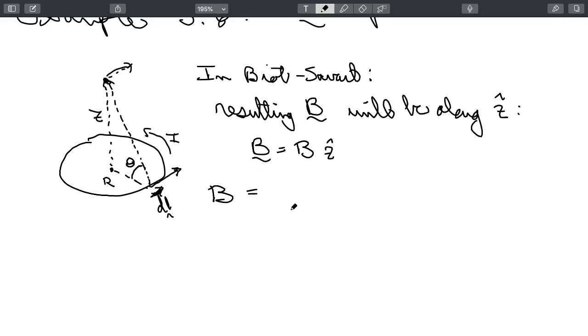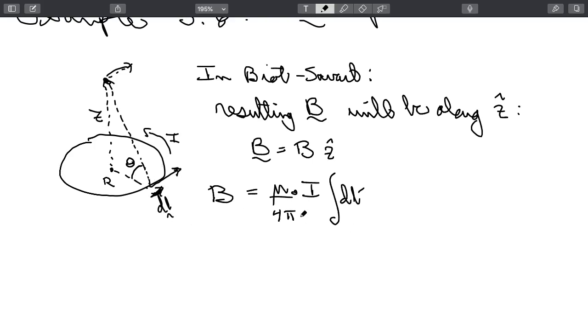So how does that look? The magnitude becomes B is mu0 over 4 pi, and now there's an overall current which is always the same, and what I want to do is the integral of the whole displacements that I have here. So I'm integrating over this whole line.